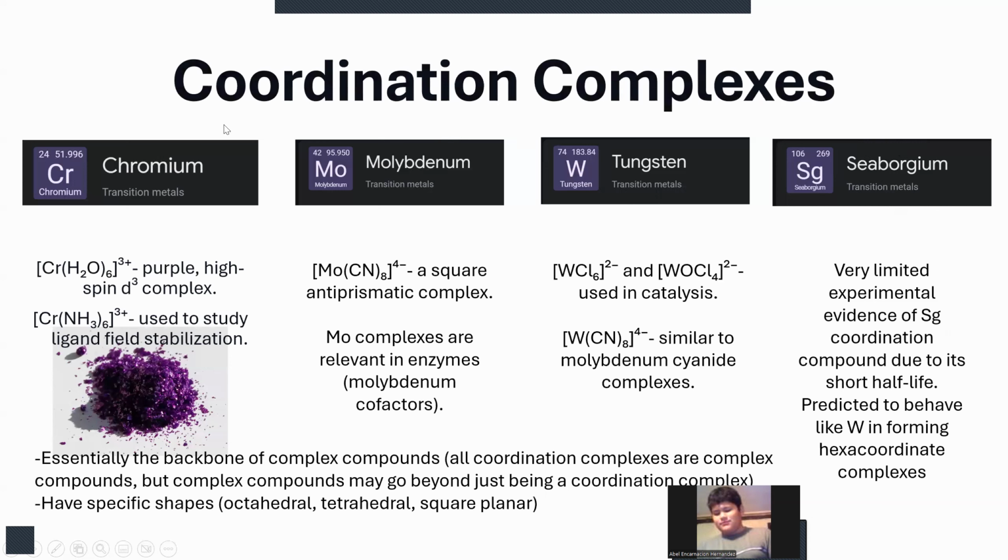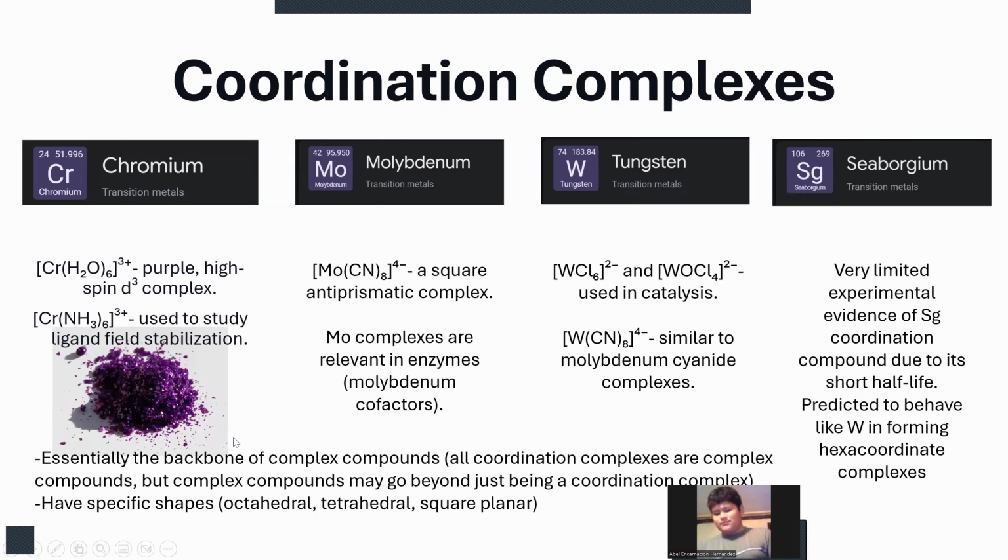Coordination complexes, we have chromium right here. So coordination complexes are essentially the backbone of a complex compound. All coordination complexes are complex compounds, but complex compounds make up beyond just being a coordination complex. These have specific shapes. So what I wrote right here was in comparison over two complex compounds.